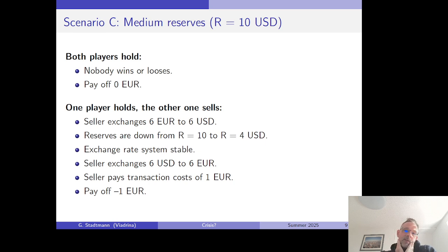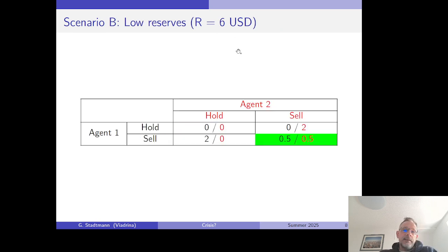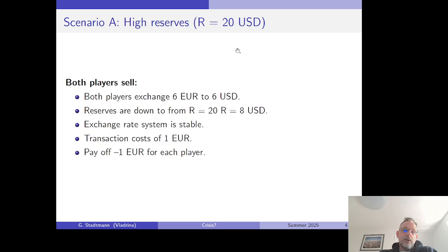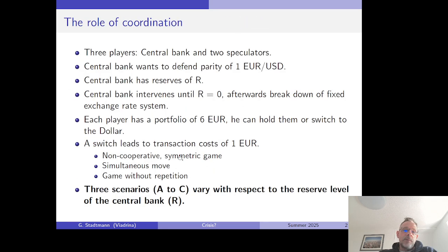Of course, the big Soros can speculate against the scenario, and even in scenario C, the fixed exchange rate system would break down. So one Soros, one big player, definitely makes a difference, and so this assumption here, that we have a symmetric game, is very important.